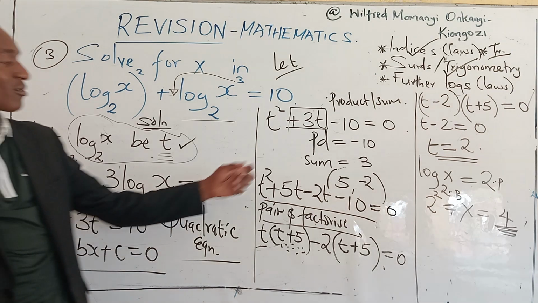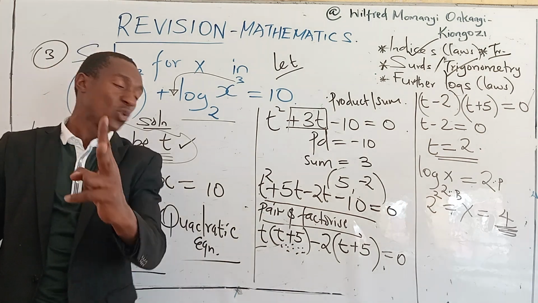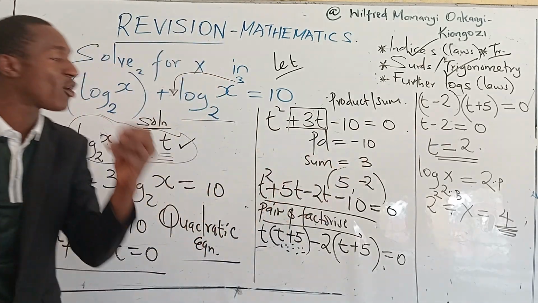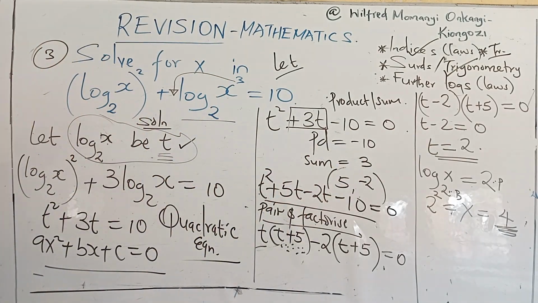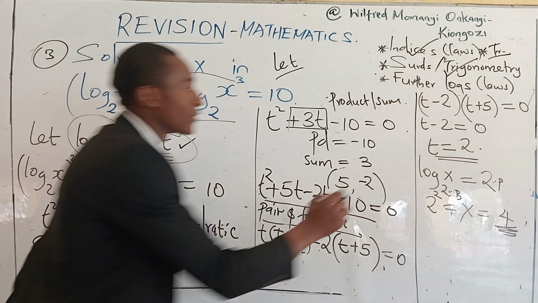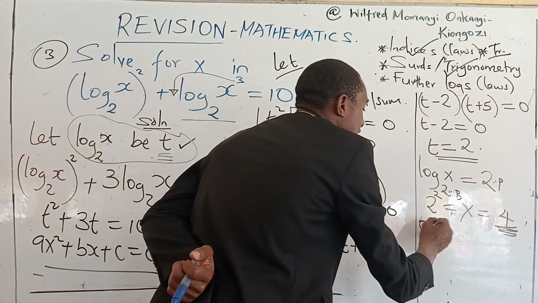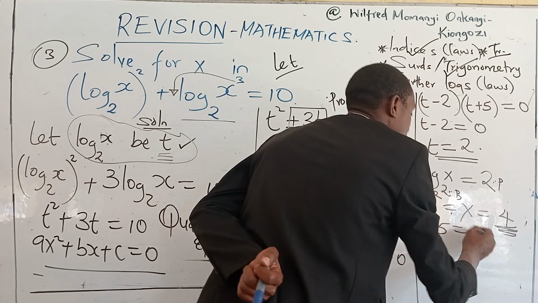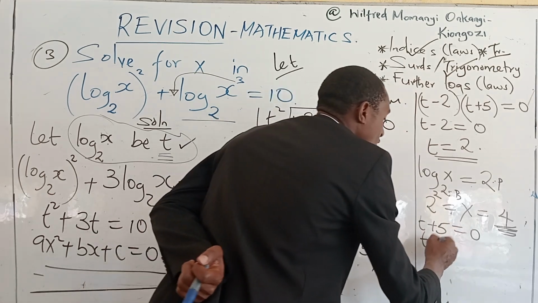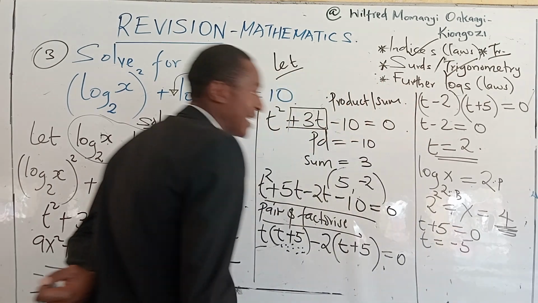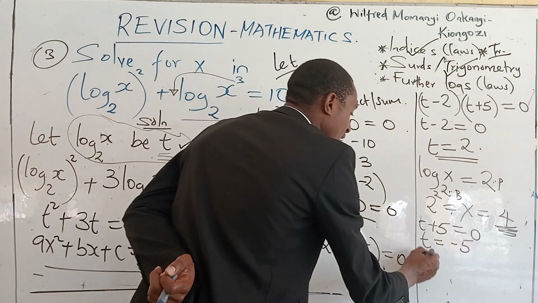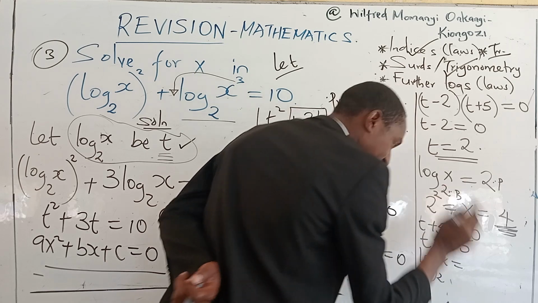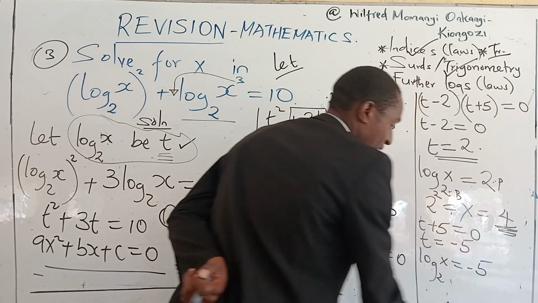When you are solving a quadratic equation, you must get two values. When you get two values of t, you mean you are also going to get two values of x. We are now with the second value. Now, if t plus 5 is equals to 0, then t is equals to negative 5. Remember, log base 2 of x is equals to t, which is negative 5.